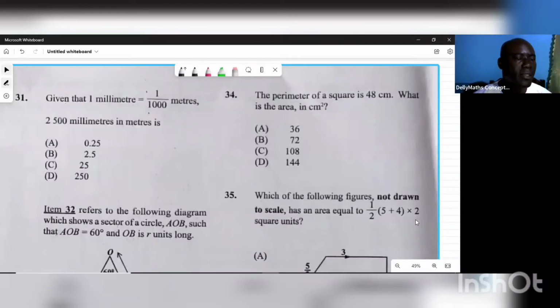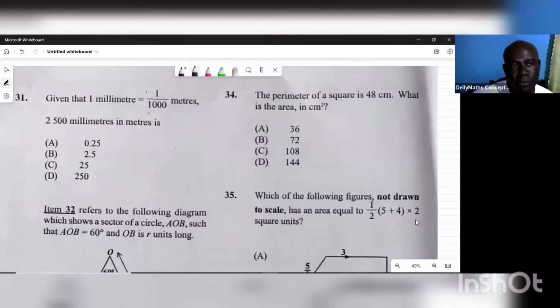Given that 1 millimeter is equal to 1 over 1,000 meters, all right? Now, this that you see here, 1 over 1,000, is still telling you that 1 meter is 1,000 millimeters.